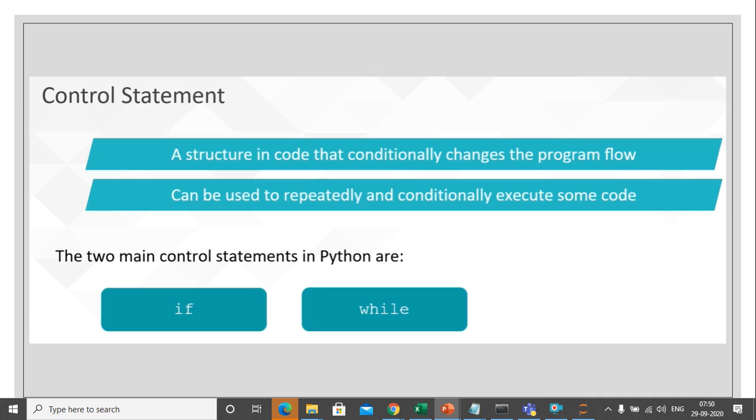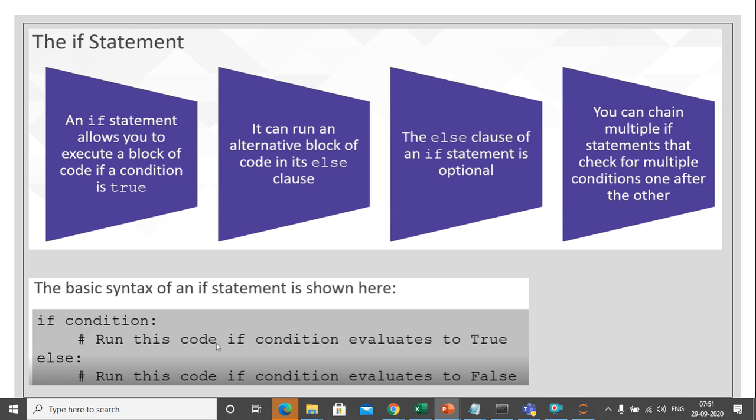The first thing to remember about a control statement theoretically is that it is a particular validation condition which allows you to go to the next line or go inside the block. There are two main things, if and while, and remember that while and other loops will repeat until the condition is true. We will see that flow also.